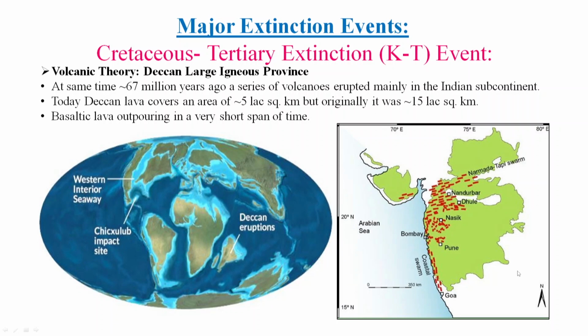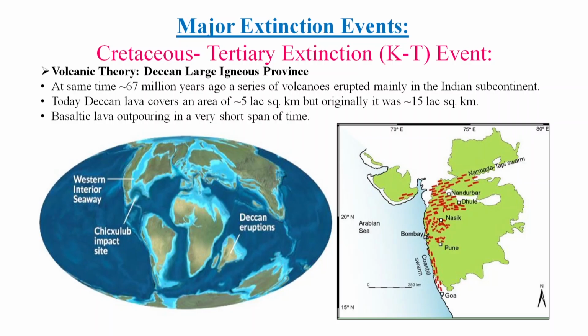Just by looking at the scale of this large scale volcanism, people have postulated that it is also possible that volcanic activity was responsible for the extinction of the dinosaurs, or was the main extinction factor during this Cretaceous-Tertiary extinction, because the timing of this volcanism is very similar to the timing of the extinction of the dinosaurs. So at the same time, about 66 to 67 million years ago, a series of volcanoes erupted mainly in the Indian subcontinent.